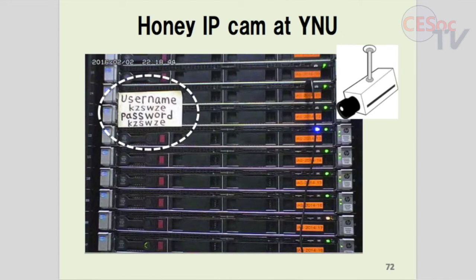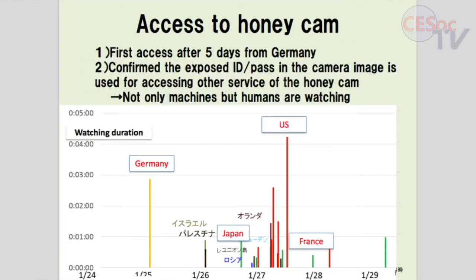So we decided to use just a kind of server, but put the username and password in written form in the camera image. After 5 days we got access from Germany.